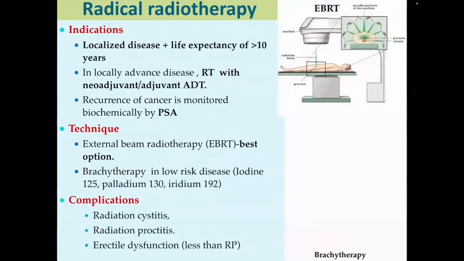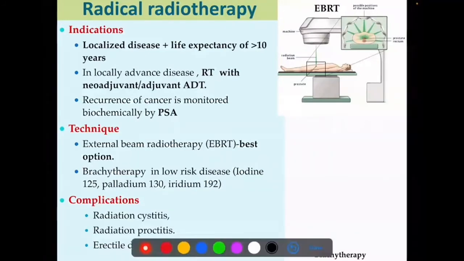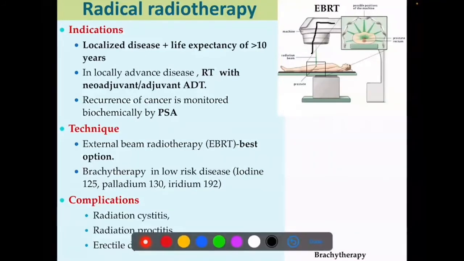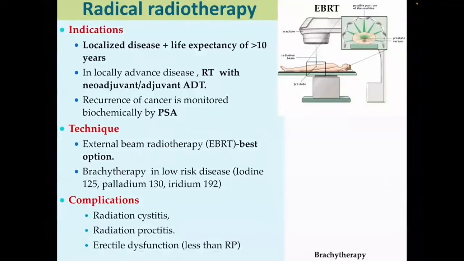This is external beam radiotherapy. You have seen radiotherapy is given through a machine from outside. We focus the site of radiation using a CT scan, and then these focused beams are given to the prostate cancer from outside.